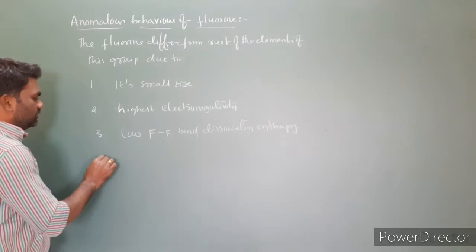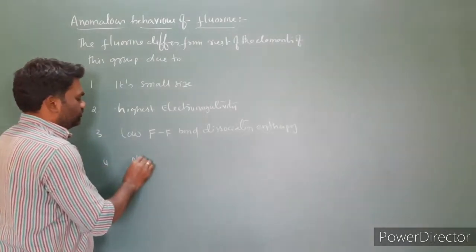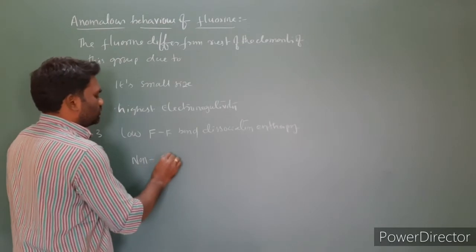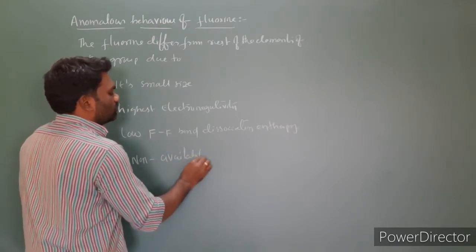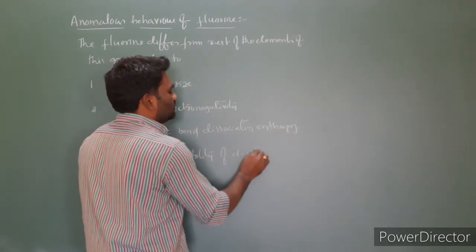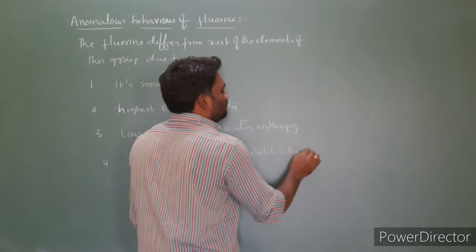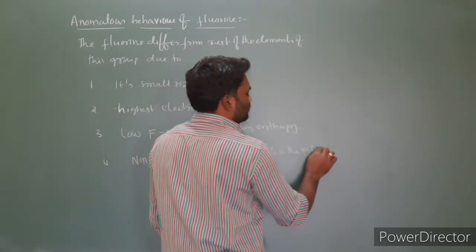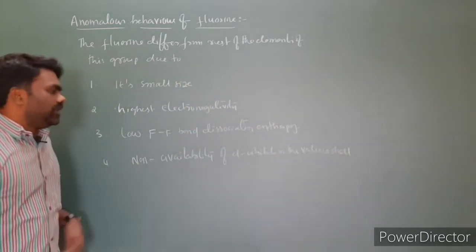And the fourth one is non-availability of d orbitals in the valence shell.